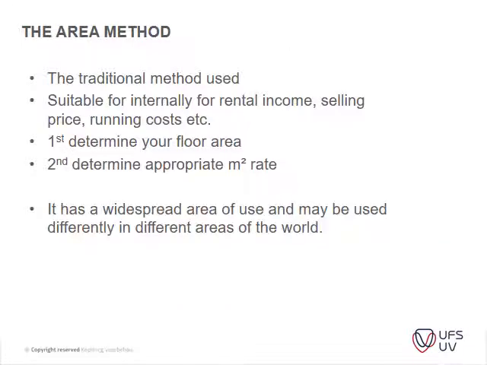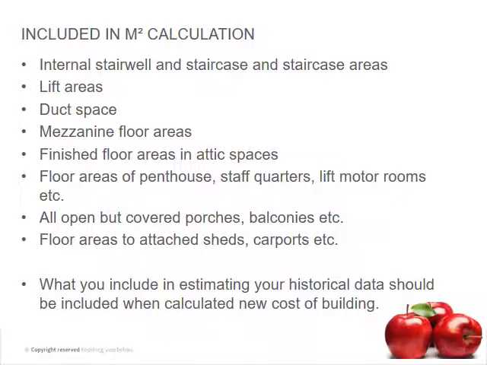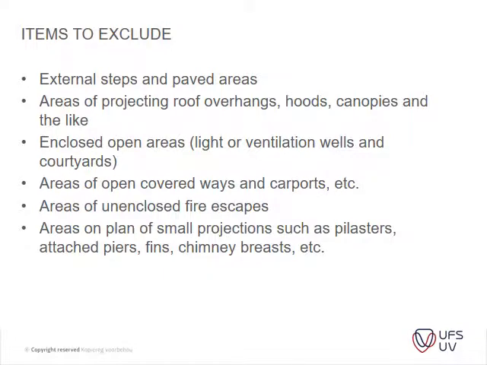Then the area method, same thing applies. You just calculate your area of your historical building, and you take that rate divided by the area that you calculated, and you take that rate and you multiply it with your new building. Okay, so still very much theory in all essence.